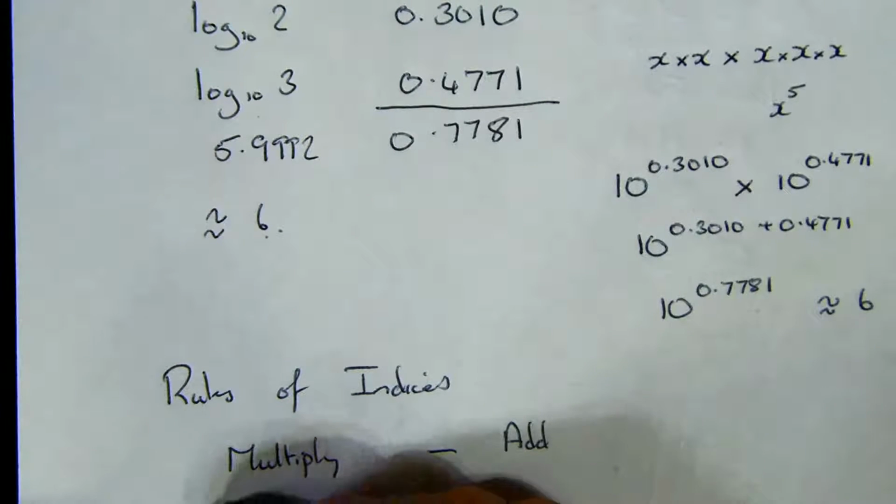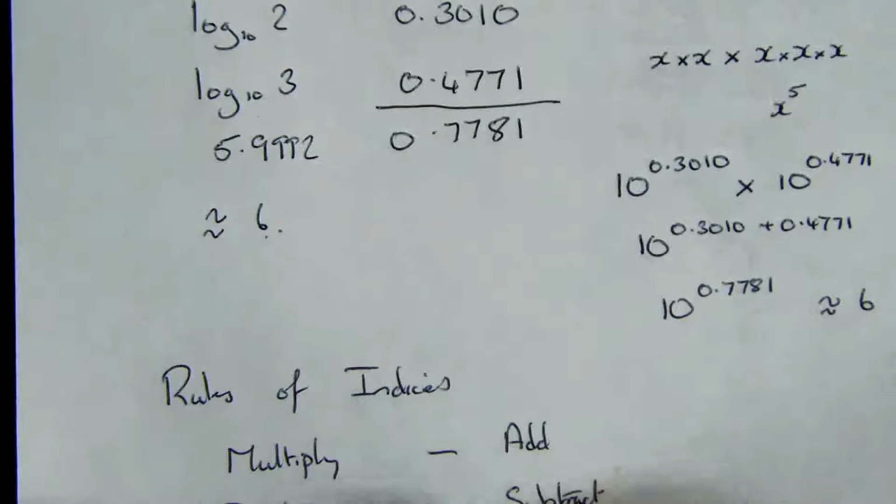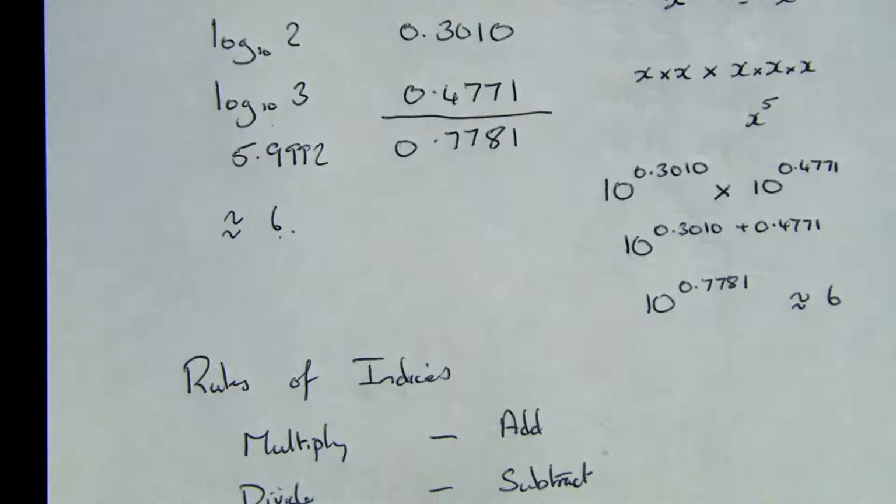If we want to divide two numbers, then we subtract them. And if we want to do anything to the power of, then you can multiply them. Let's make some more sense of this. Let's see if we can make it a little bit easier.